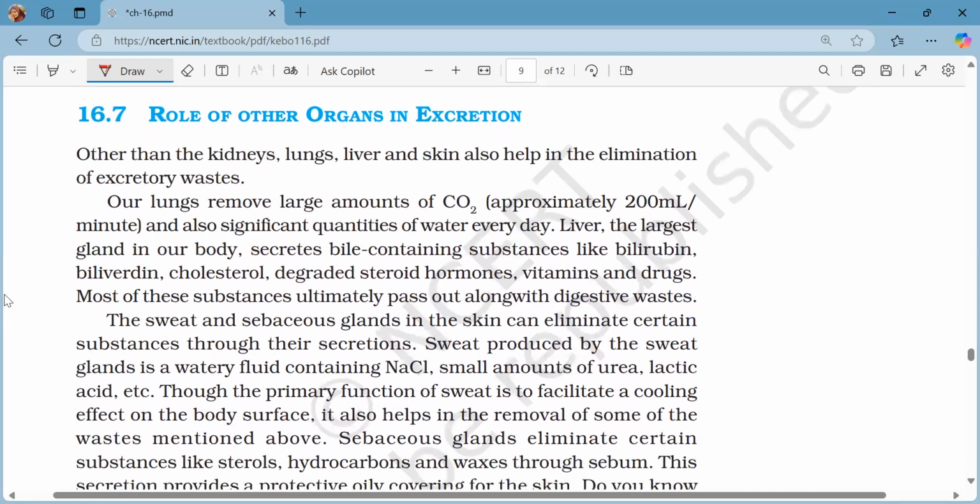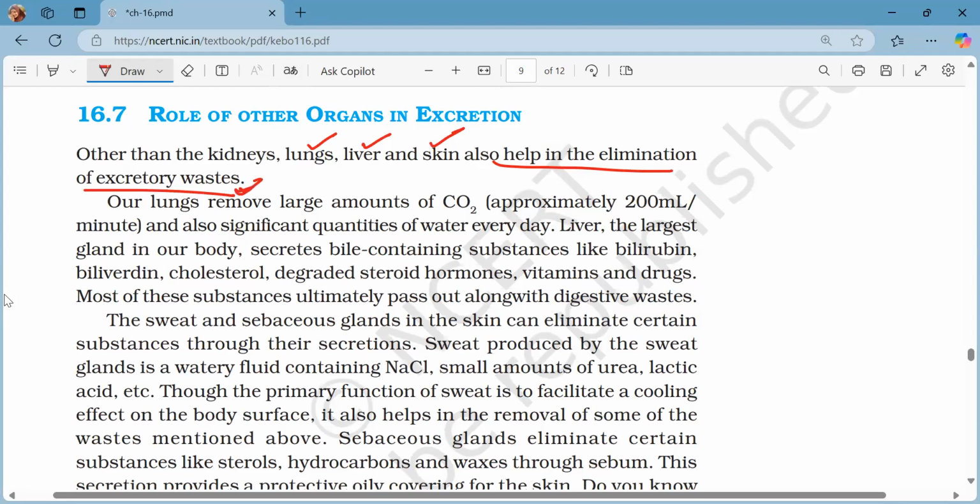Now talking about how other organs, other than the kidneys, help in the process of excretion. Other than the kidneys, there are the lungs, liver, and the skin. They also help in elimination of the excretory waste from our body.